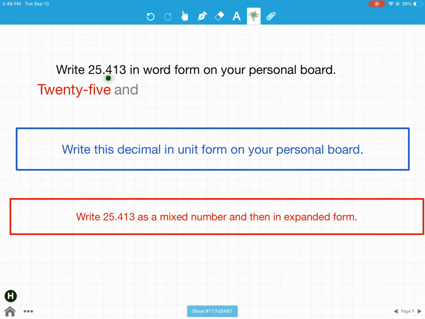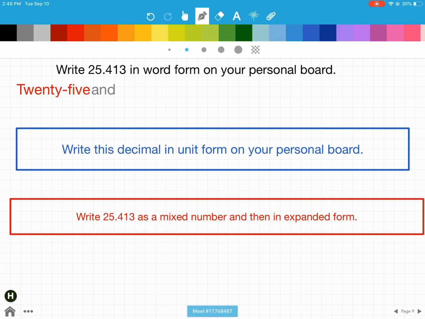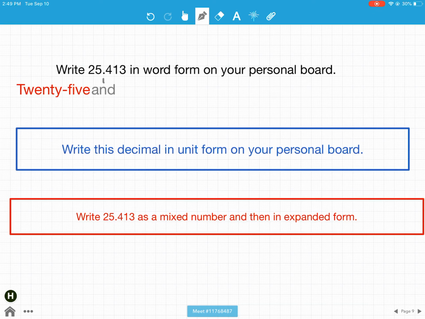Okay? That represents the decimal. See if I can line this up a little bit better. So this represents the decimal.